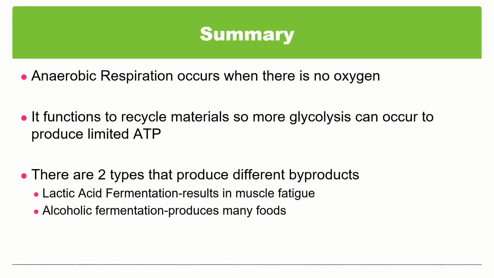The key thing to remember for humans is that it is involved with muscle fatigue in some way, and alcoholic fermentation, which is important for humans because it produces many foods and beverages for humans as well. So that is anaerobic respiration. Pretty quick, pretty easy. It's just something that allows glycolysis to continue to occur, recycling NAD plus back into glycolysis.